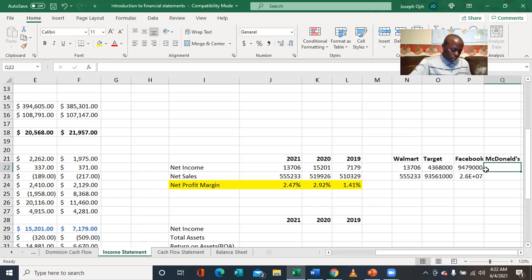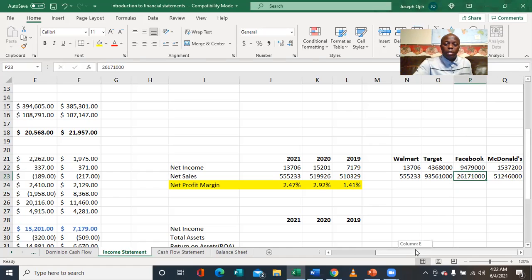McDonald's is 1,537,200 for the net income, and for net sales we also use revenue, which is 5,124,600. Okay, I will check.